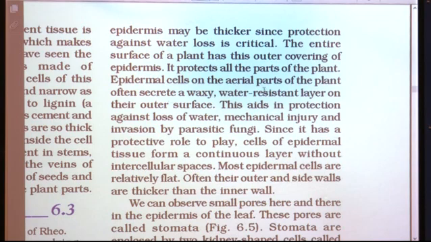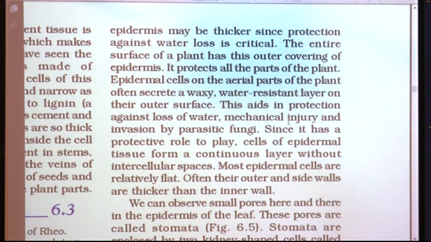Why? Because this aids in protection against loss of water. Because of the presence of this waxy and water resistant layer, the water loss is less.